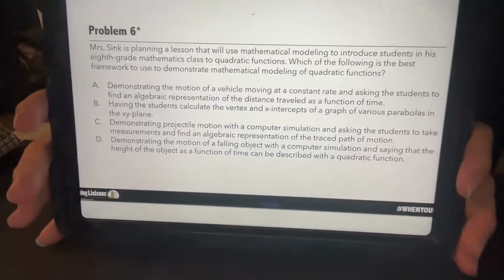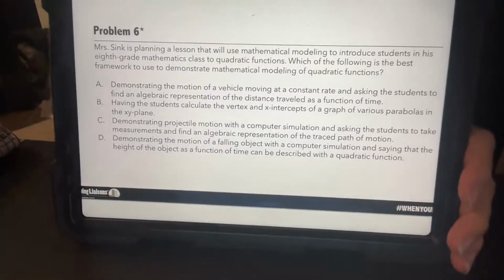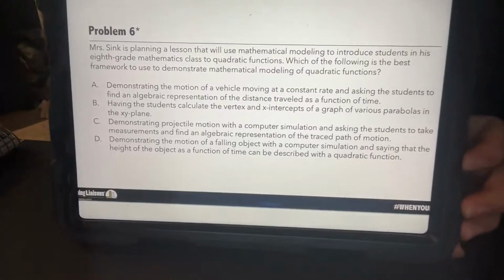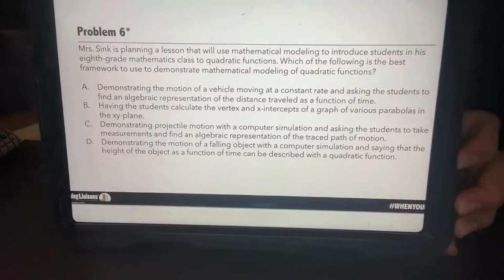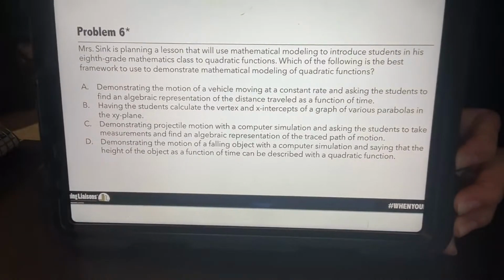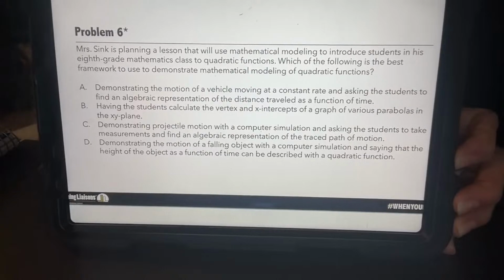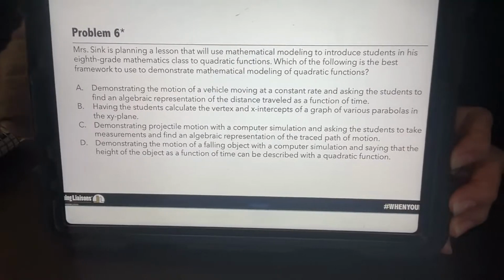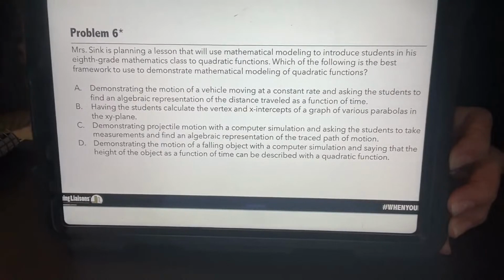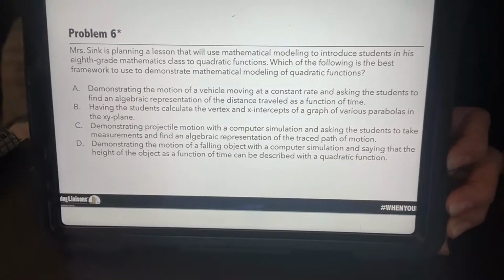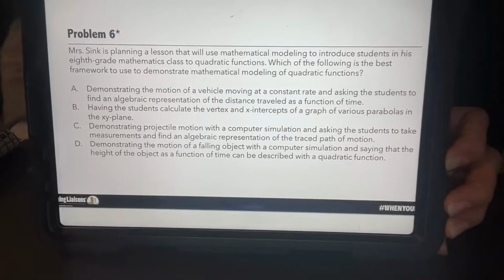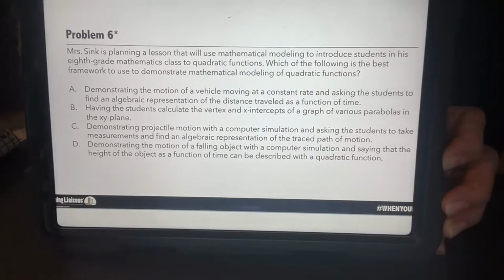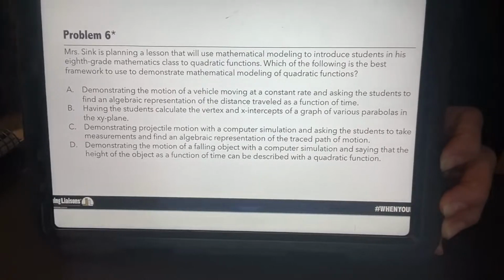Miss Sink is planning a lesson that will use mathematical modeling to introduce students in the 8th grade mathematics class to quadratic functions. Which of the following is the best framework to use to demonstrate mathematical modeling of quadratic functions? A, demonstrating the motion of a vehicle moving at a constant rate and asking the students to find an algebraic representation of the distance traveled as a function of time.